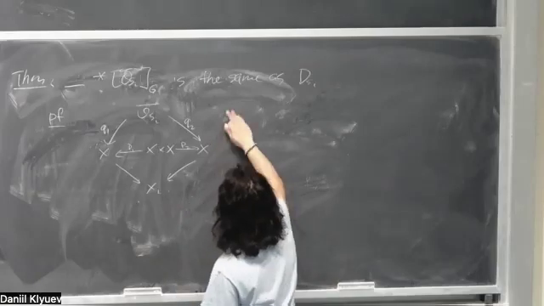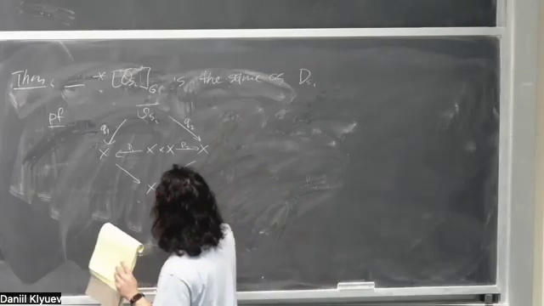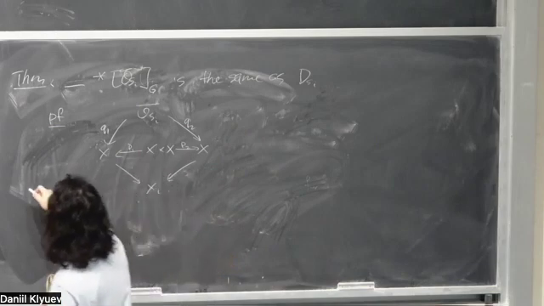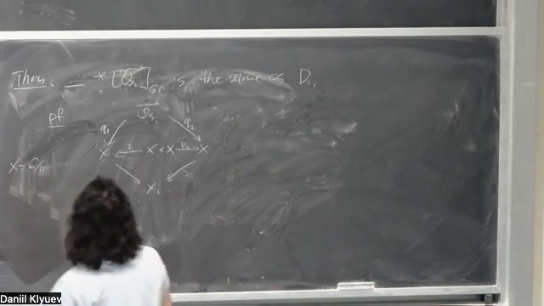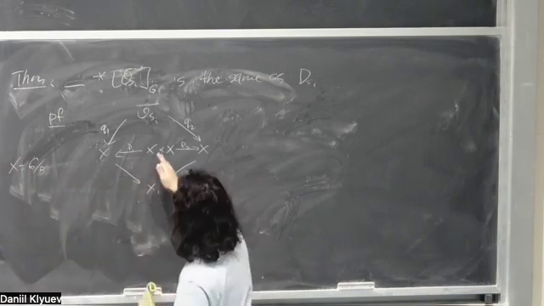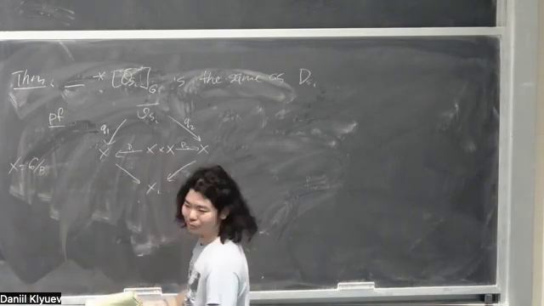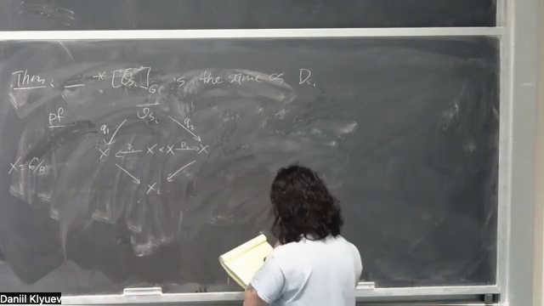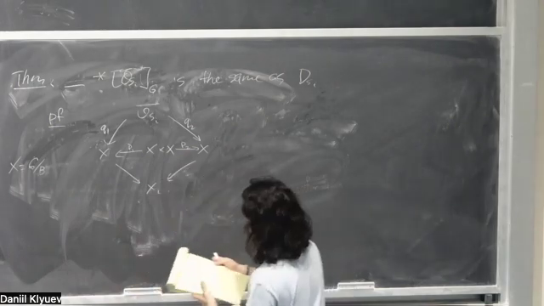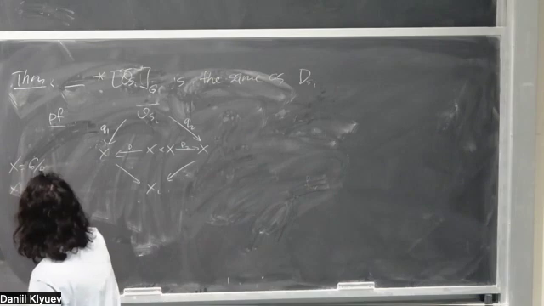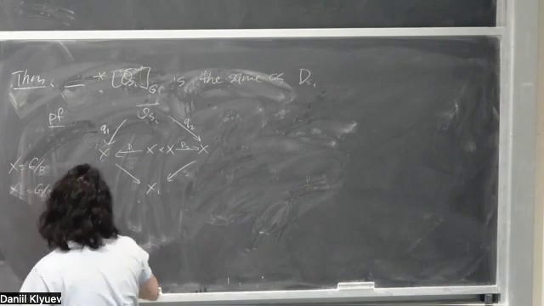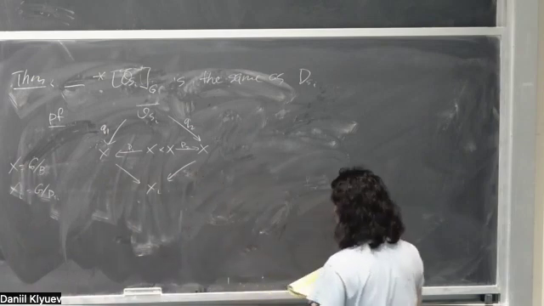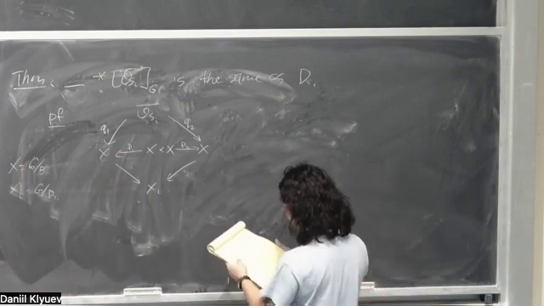So what is X? Why did I write X? Sorry, I guess X is G mod B. I guess I should just write G mod B everywhere, or is this fine? And X_I is G mod P_I? Yes, X_I is G mod P_I, G mod P_SI.